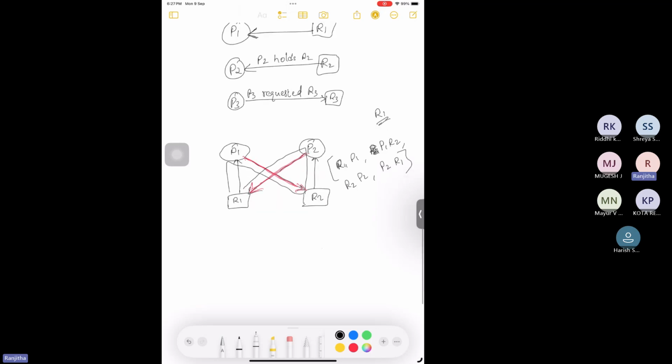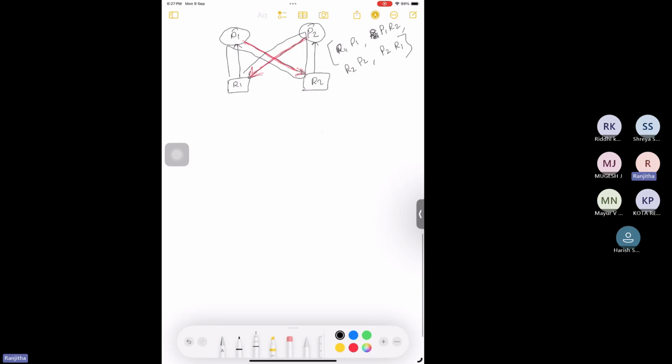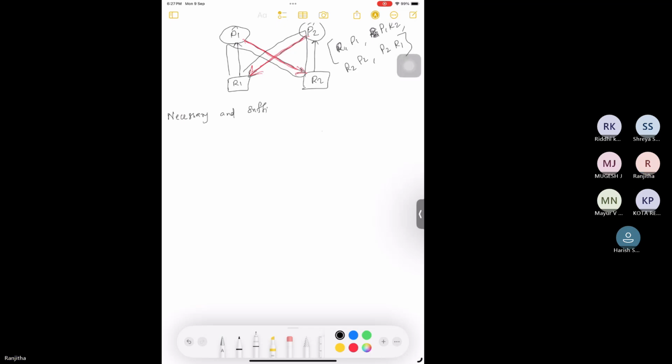So, in general, we have some necessary and sufficient conditions for a deadlock to occur in a system. We call them the necessary and sufficient conditions for deadlock to occur. So there are four such conditions. These necessary and sufficient conditions mean that if any of these conditions is broken, then deadlock will not occur. Okay.